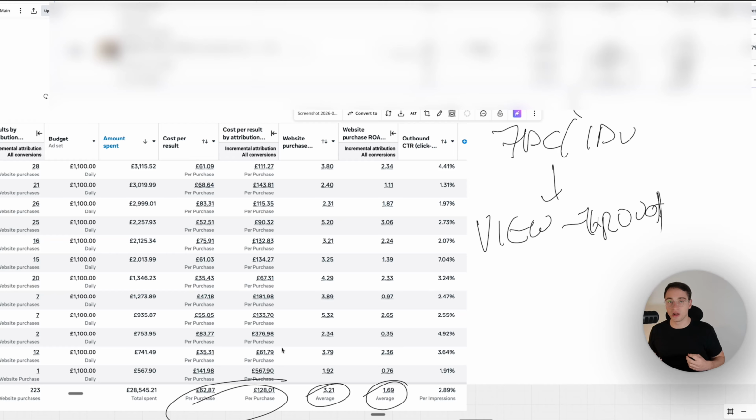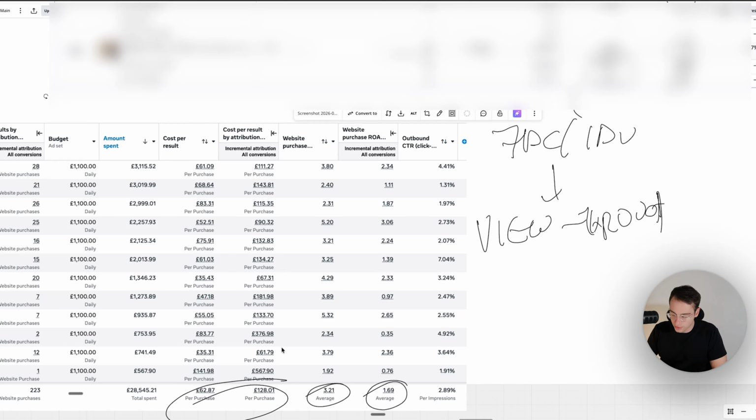Meta is claiming a lot of that attribution with people just viewing the ad, not clicking, not taking any action, which means it's not incremental, it's not getting people to buy. Someone potentially bought just from seeing an ad, but it can be from anywhere, potentially from email or organic.